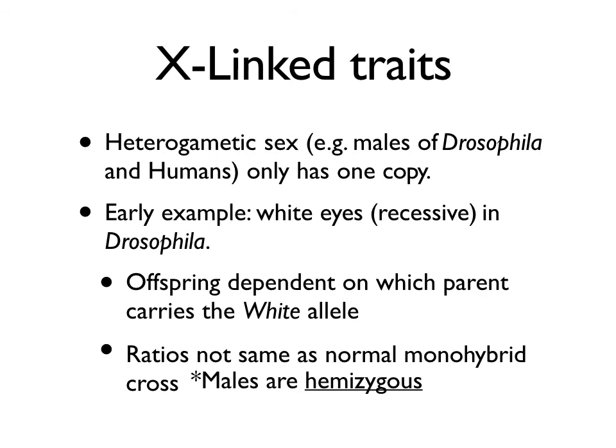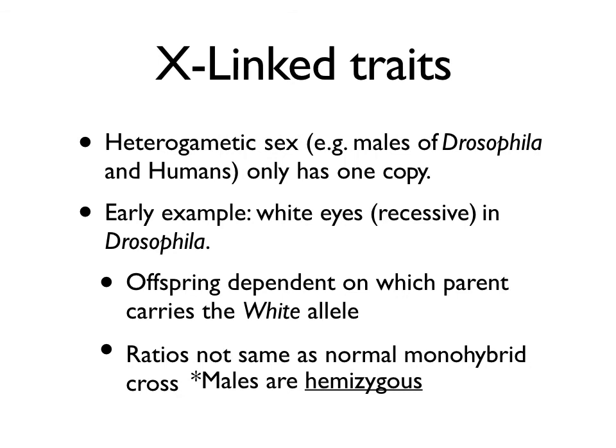Okay. Now the white eye is recessive, and the pattern of inheritance of this white-eyed trait is entirely dependent on which parent carries the white alleles. Okay, and which parent exhibits that phenotype.